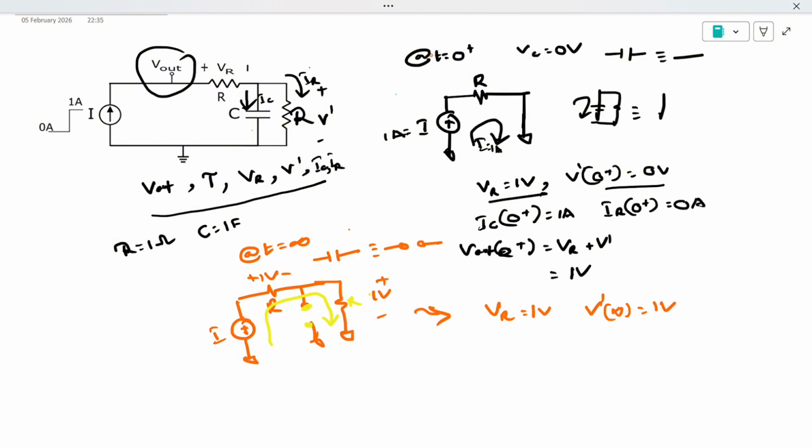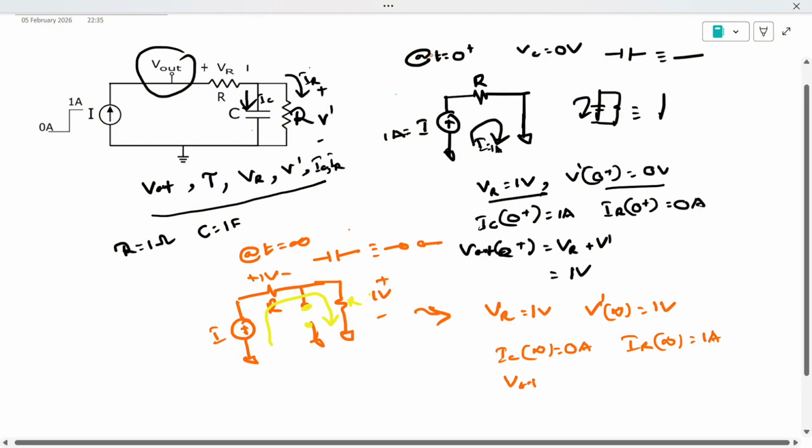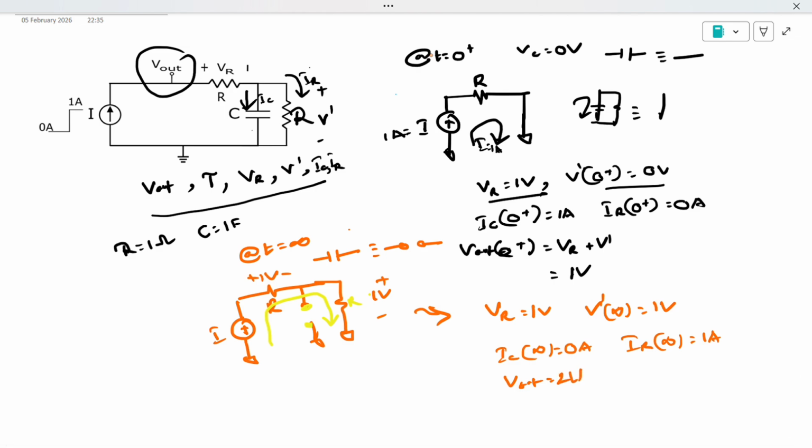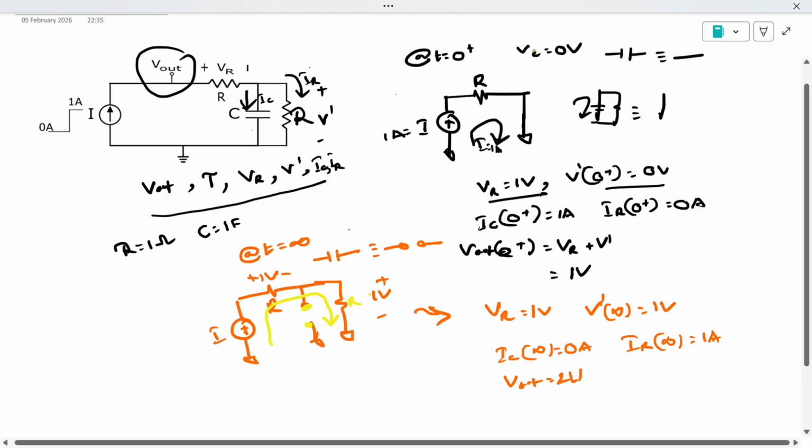The current flowing through the capacitor will be 0 ampere since it is open circuited, and the current flowing through the resistor will be 1 ampere, and V out will be the sum of both of them, so it will be 2 volt. Now let's draw the graphs one by one.